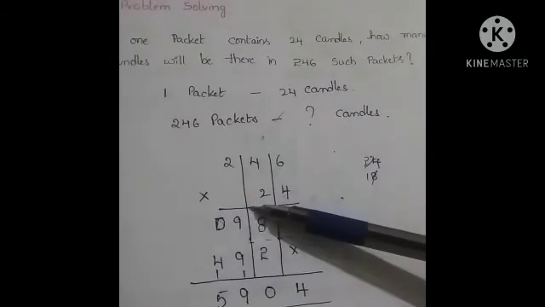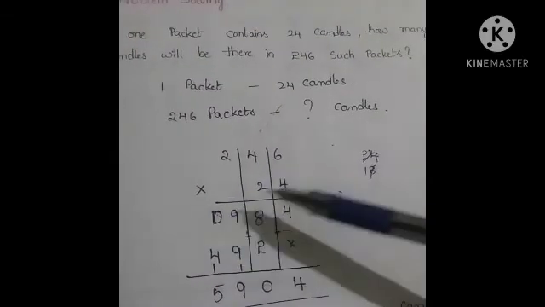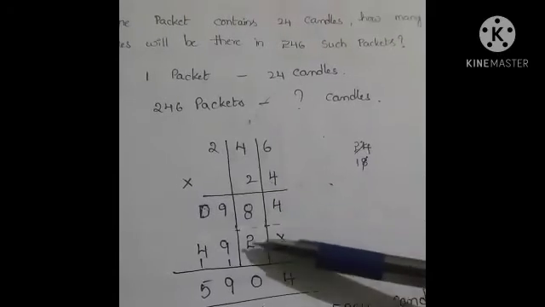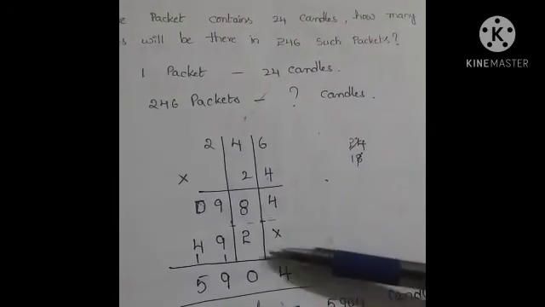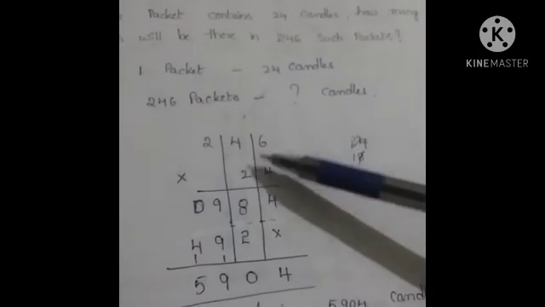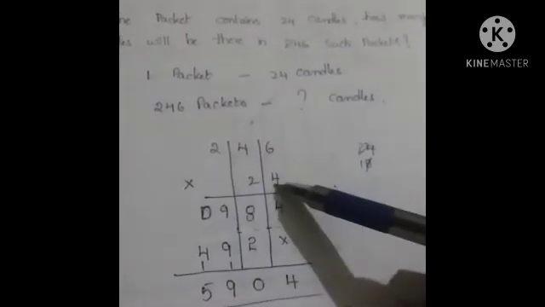When you multiply, write this by drawing lines first, because it is very easy when you add these two products, to add ones number, tens number, like that. So you must draw lines. 246 into 24.